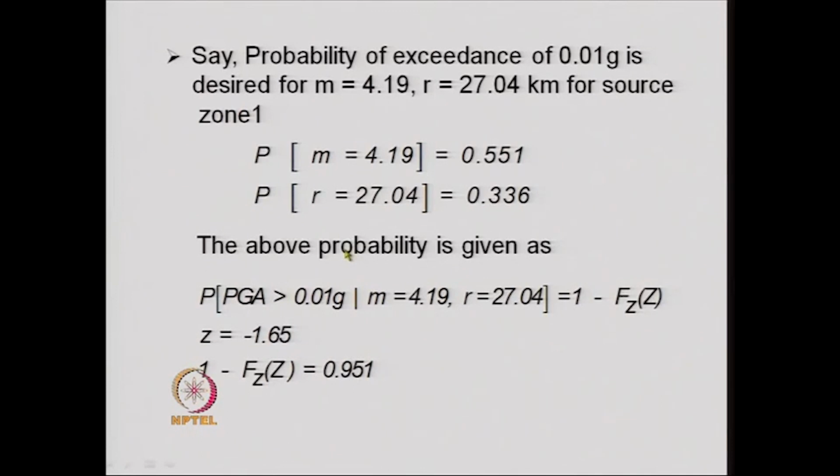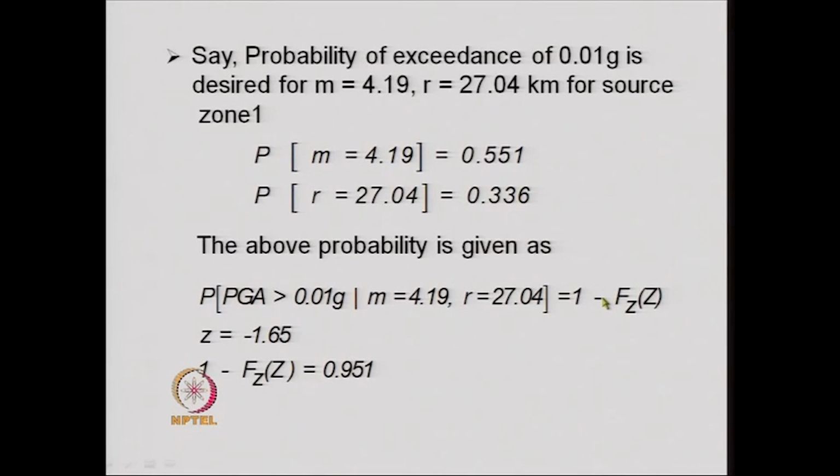Now, once these two probabilities are obtained, then we find out the probability of peak ground acceleration being greater than 0.01 g, conditioned upon the magnitude of earthquake being equal to 4.19 and epicentral distance being equal to 27.04 that we obtained over here. That is obtained from this relationship, that is 1 minus F(Z).